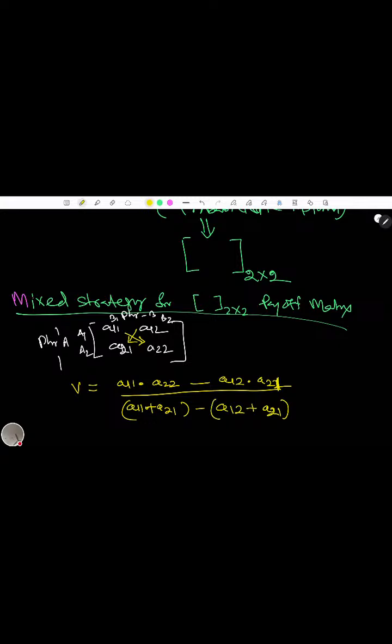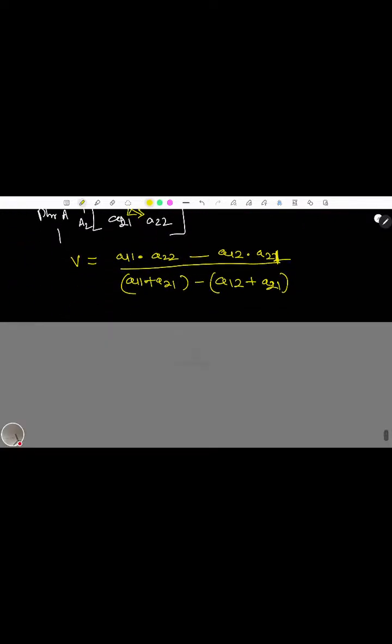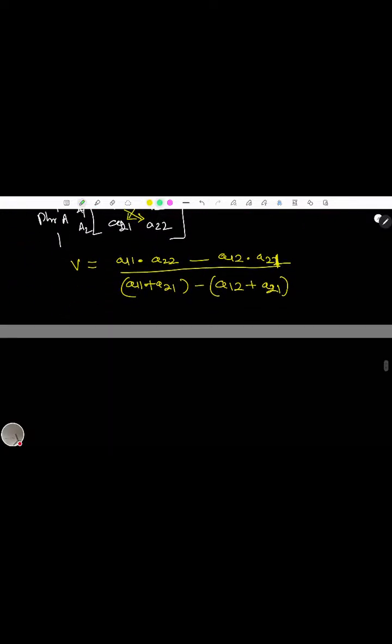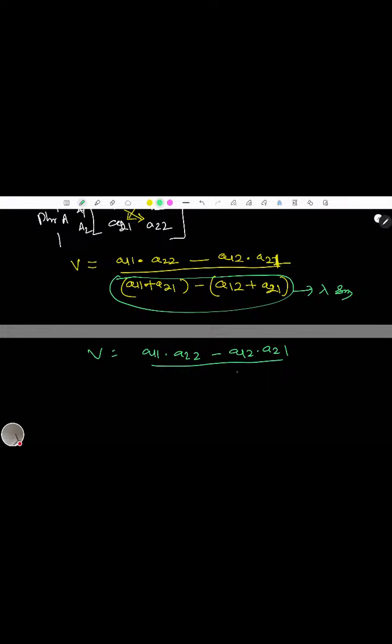Since this denominator is going to be used throughout, I mark this denominator by lambda. So now my V is a11 a22 minus a12 a21, divided by lambda.